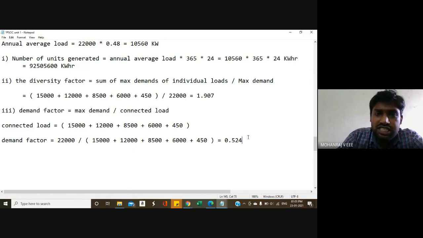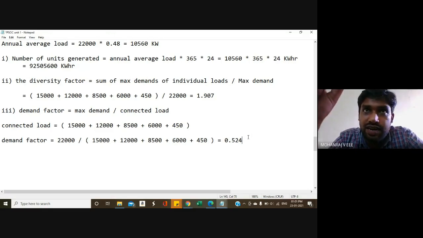What is connected load? It is the sum of all the power ratings of the loads. You add all the power ratings; that is your connected load. Demand factor is maximum demand by connected load.